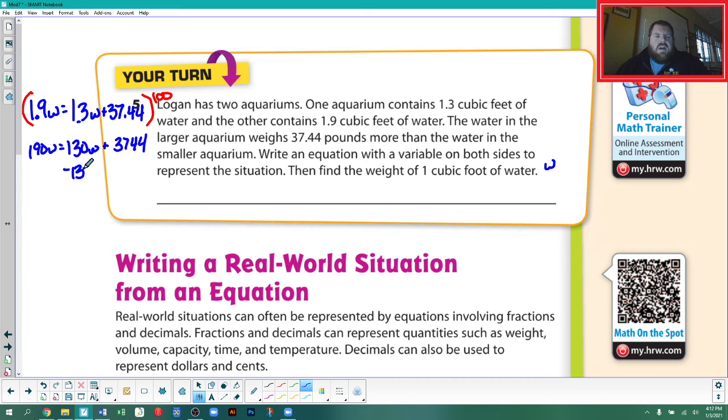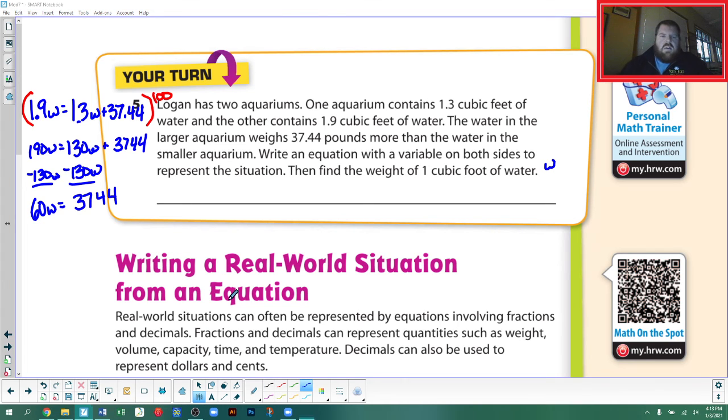I'm going to move my variables on one side. I already have my numbers on the other side. So 190 minus 130 is going to be 60 W equals 3,744. Oh, not point. Got rid of our decimals. 3,744. I thought I had it down there. I don't.